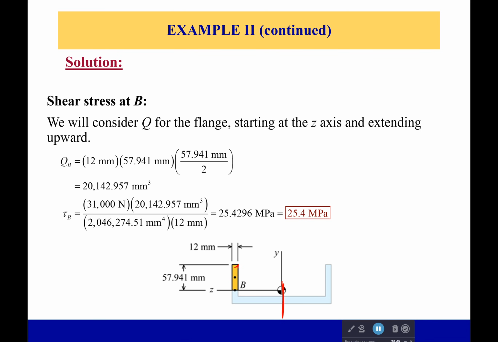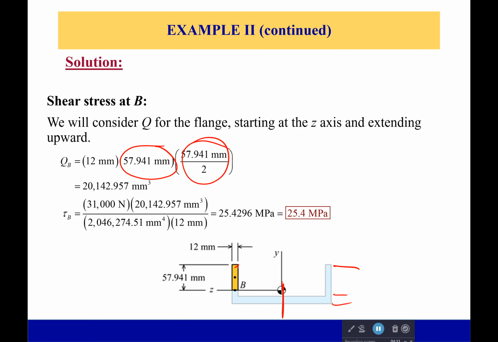Thank goodness. Don't have to worry about this too much. And so we can figure out the height pretty easily. It's going to be 57.941. That's just the height right here minus our distance to the centroid in the y direction. And then with that distance, we're going to divide that by 2 to simply get our distance to the centroid.